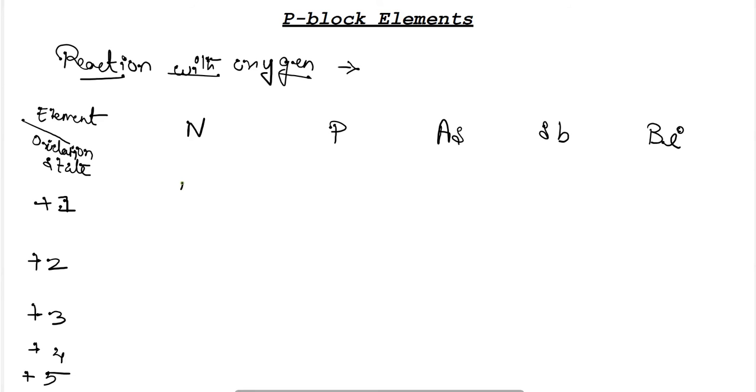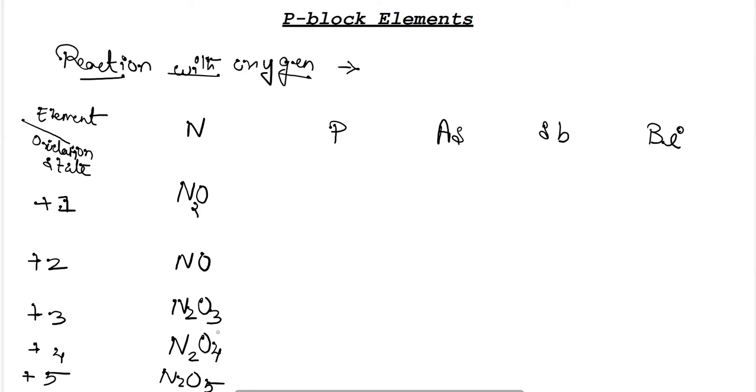elements. So for the first, that is nitrogen, N2O is there, nitrous oxide, NO is there, nitric oxide, N2O3 is there, dinitrogen trioxide. Dinitrogen tetroxide, and the last one is dinitrogen pentaoxide.